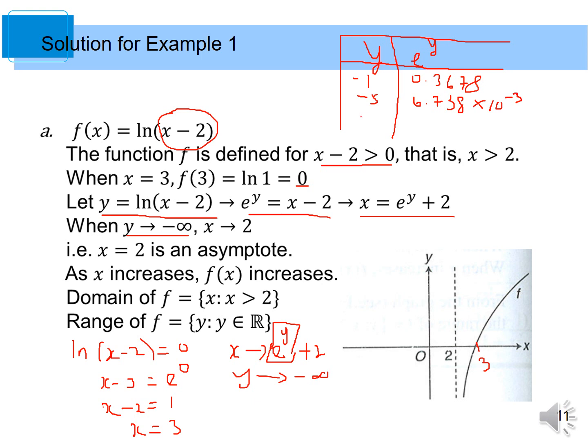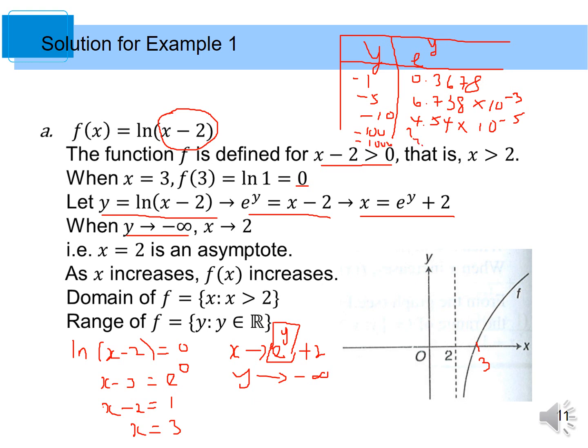For -10, we have 4.54 times 10 to the power of -5. And how about -100? And how about -1000?